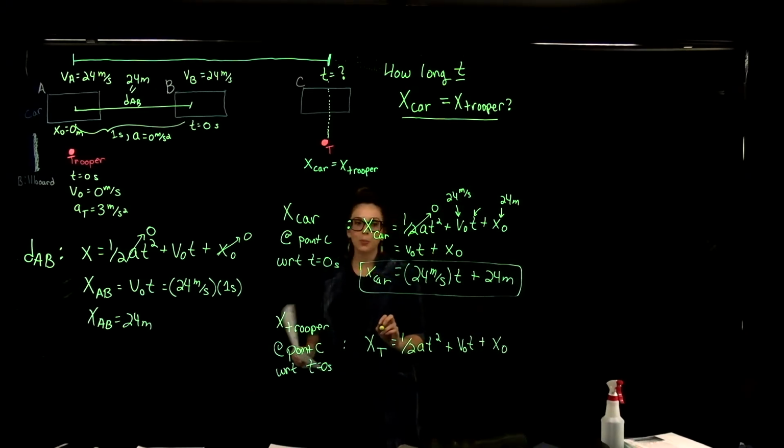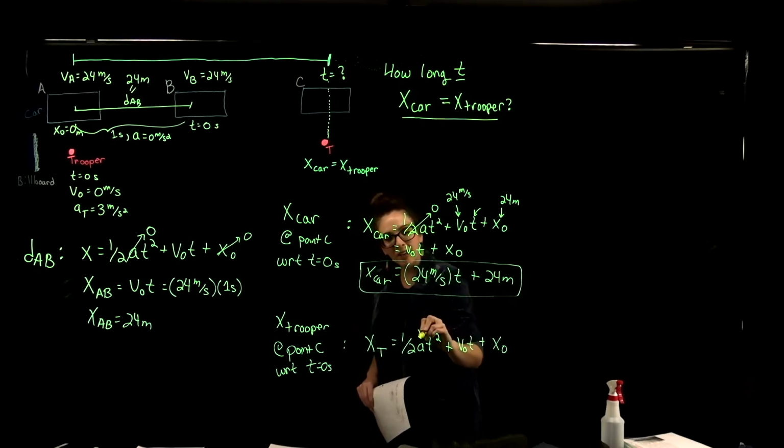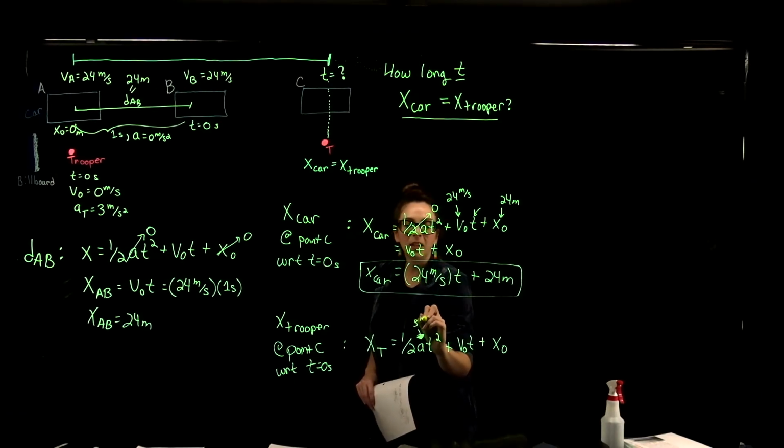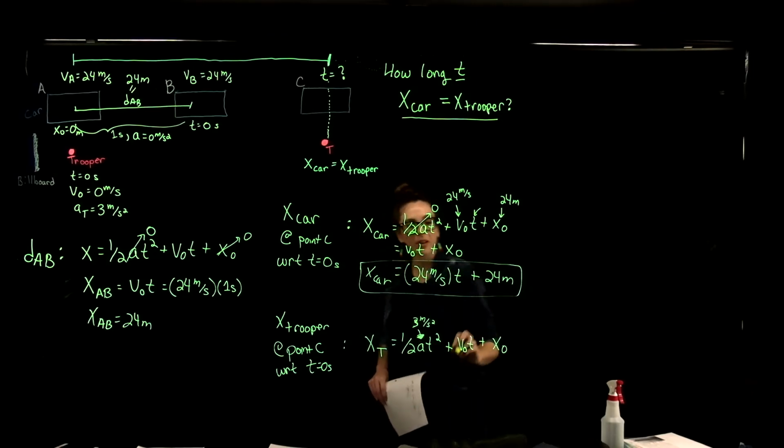Now for our trooper, he has a constant acceleration of 3 meters per second squared. 3 meters per second squared, okay?